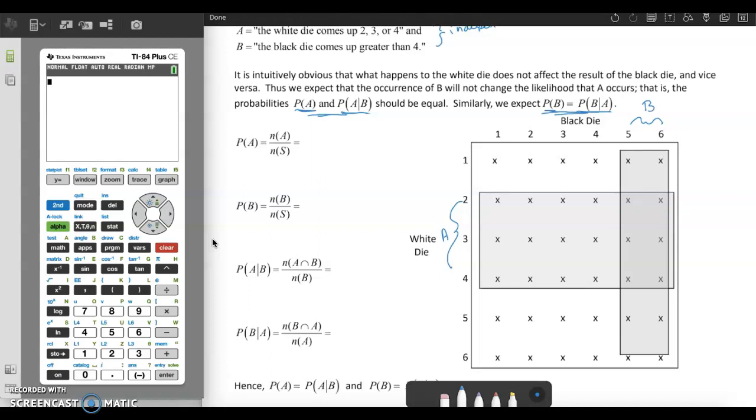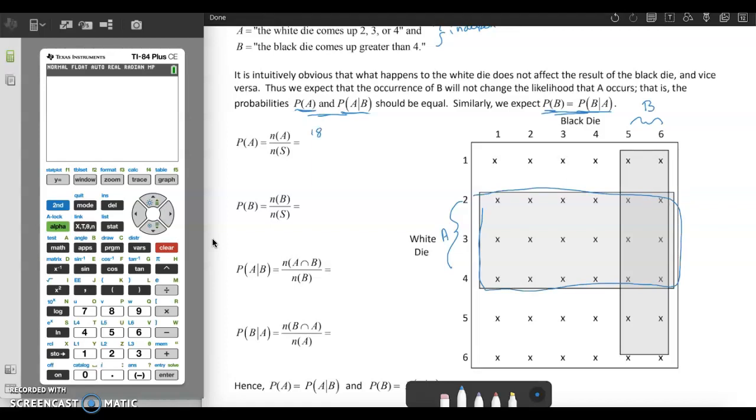So let's see, what's the probability of A? By definition, that is the number of sample points in A over the number of sample points in the entire sample space. So in how many ways could A occur? If you count up all of the X's in this box that represents event A, there are 18 of them.